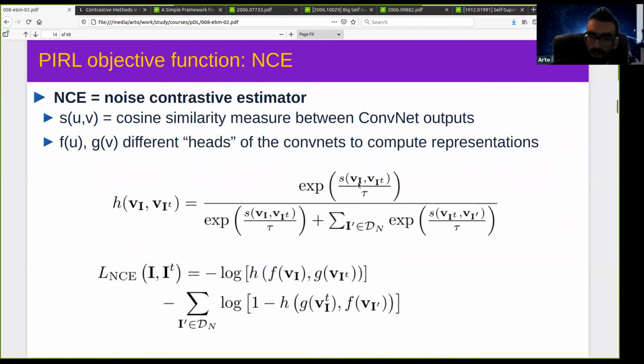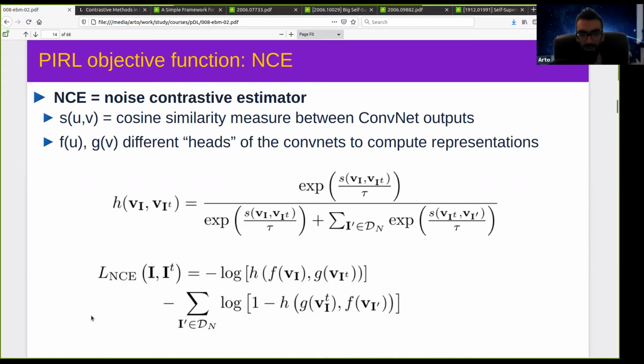And we have here the original image and the transformed image, and the similarity between those two, normalized by this, again, the same component, and also this is the sum over negative samples, right? So here you can see a sum of exponents, so the similarity measure of the transformed image with all the negative samples.